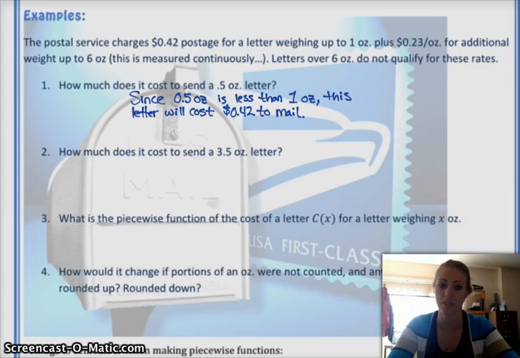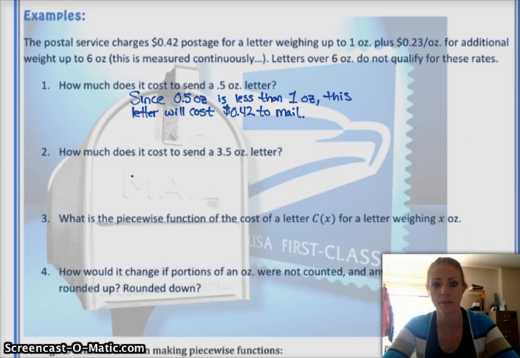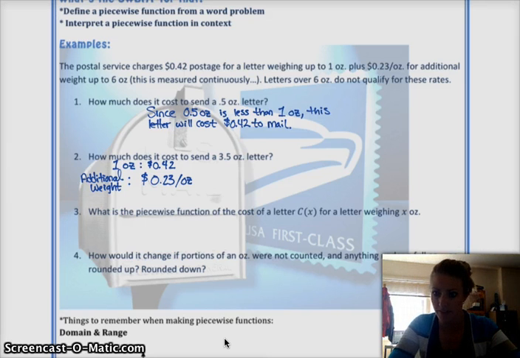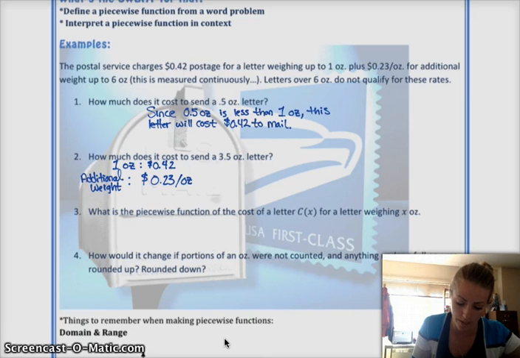Number two is how much does it cost to send a 3.5 ounce letter? This is above the 1 ounce, but less than 6 ounces, so this is the situation that they gave us. It's 42 cents for the first ounce, and then after that it's 23 cents per ounce. Since this letter's 3.5 ounces, that's 2.5 ounces over your original 1 ounce, right?